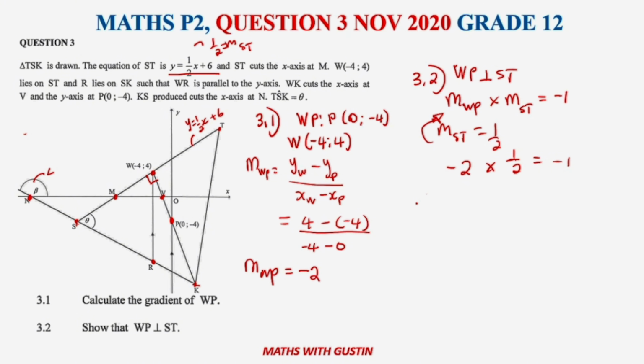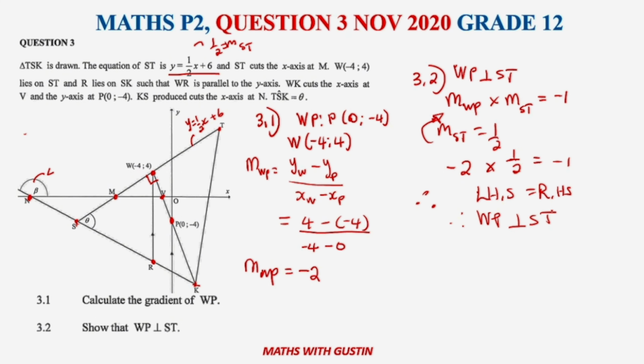So you can say, therefore, the left hand side is equal to the right hand side, which means that WP is perpendicular to ST.